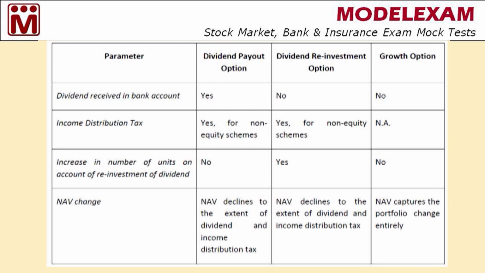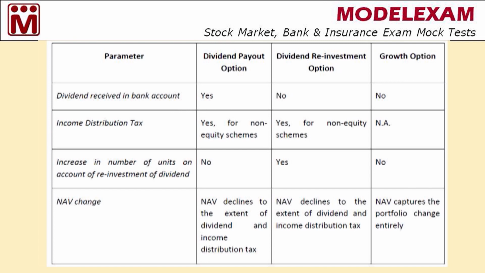Mutual fund companies distribute profits by way of dividends. There are two ways. One way is dividend payout option, the other way is dividend reinvestment option. In case of payout option, dividend is received in your bank account.